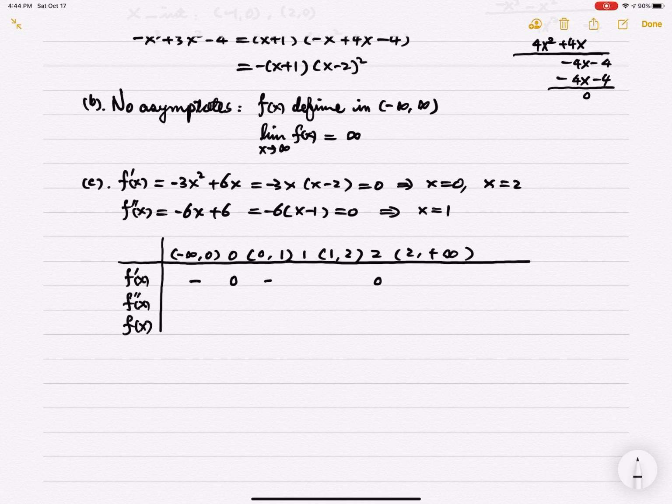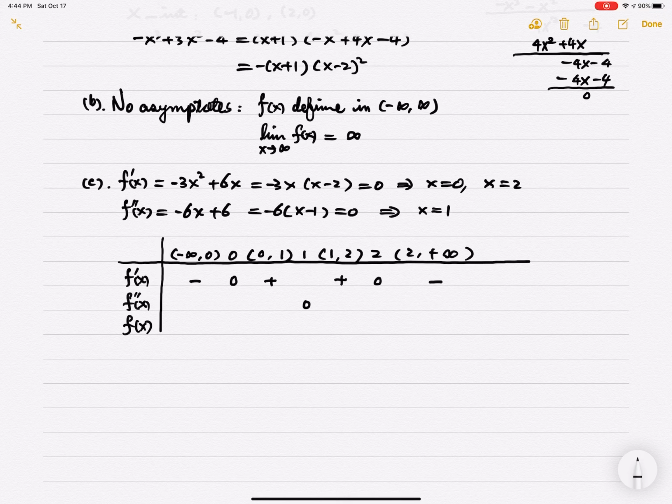So that's positive. And when x is greater than 2, you have 2 factors of positive, 1 factor is negative, as multiplied together is negative. Now the second derivative equals 0 at 1.